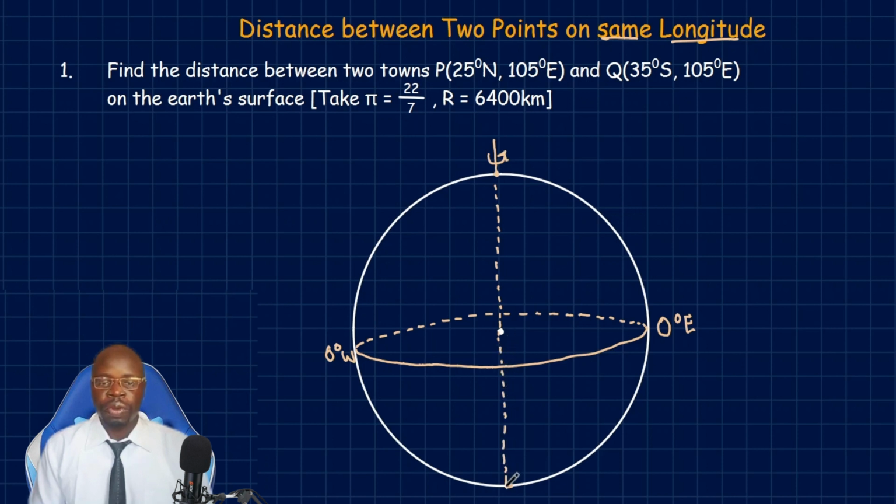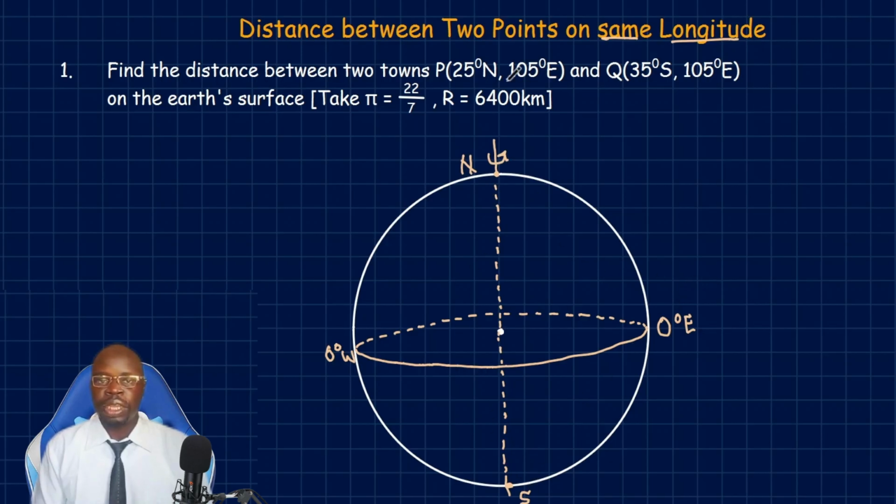Along this side up is the northern hemisphere, and below the 0 degrees is the southern hemisphere. This is also 0 degrees along north, and this one is 0 degrees along east. This is our reference point, and we can also draw the Greenwich meridian passing here. For now, it's not necessary.